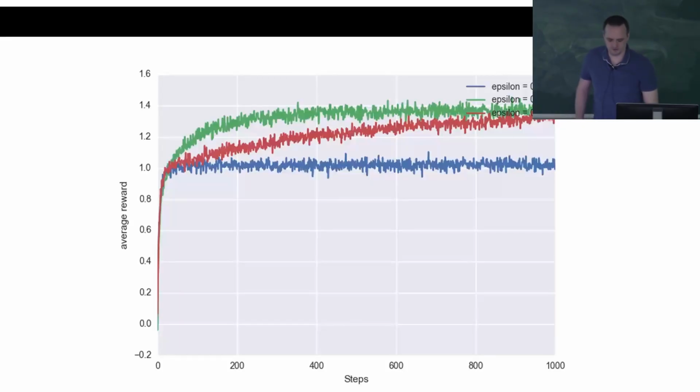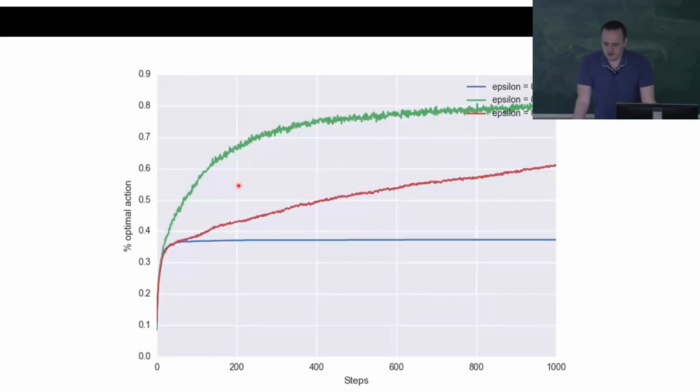Okay, in this graph, this is the percentage of the time that you're choosing the optimal action. So instead of just the average value you get over time, this is the number of times that you're actually choosing the actual best thing. And so we can see here the same sort of thing. So the red line, which is the lower 0.01 epsilon, is going to be growing slower, but it will eventually overtake.